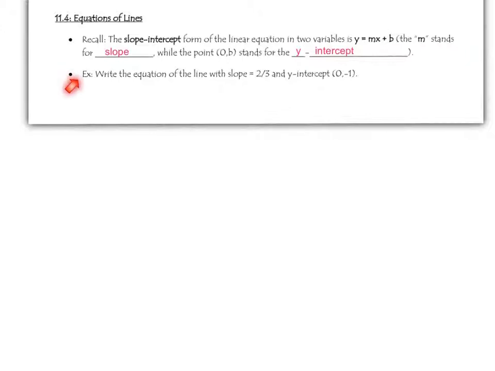In this example, we're going to write an equation of a line that has a slope of 2/3 and a y-intercept of (0, -1). If the slope is 2/3, that means that m is 2/3, and if the y-intercept is (0, -1), that means b is -1.